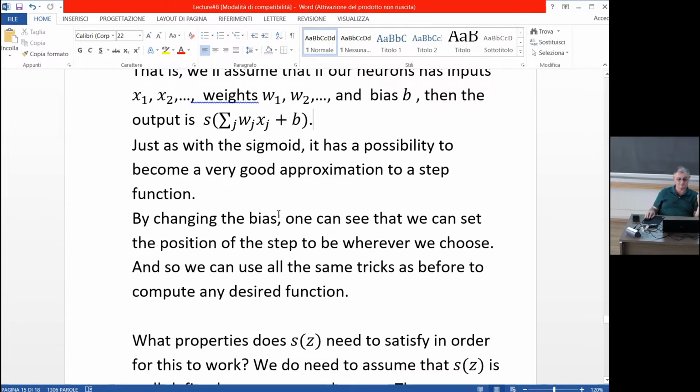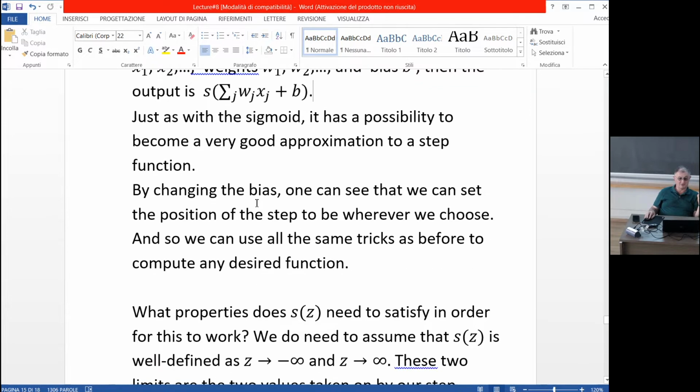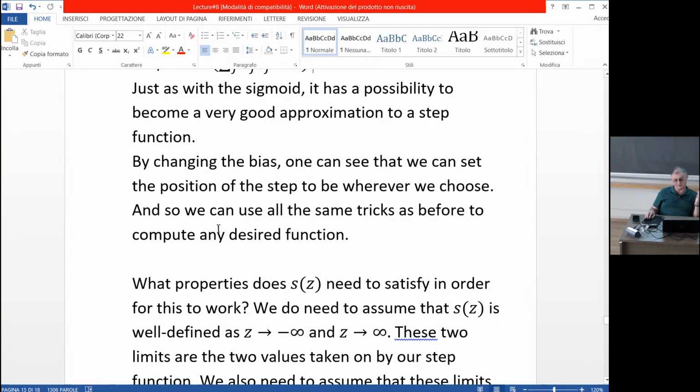So by changing the bias, one can see that we can set the position of the step to be wherever we choose, but under some conditions which are very important. So we use the same trick as before to compute any desired function.